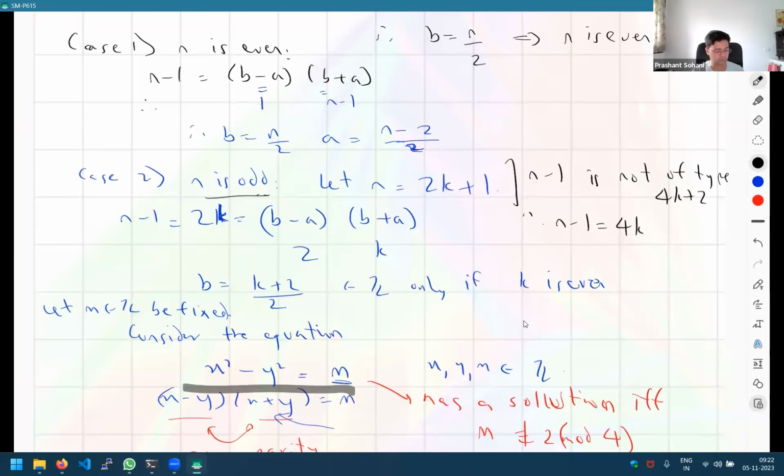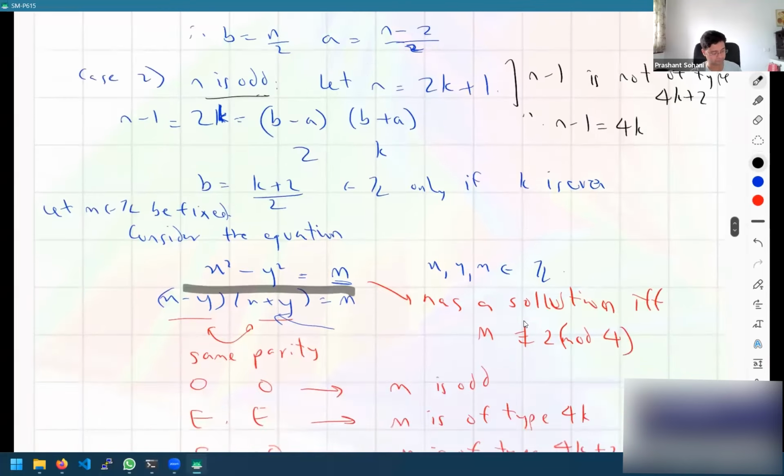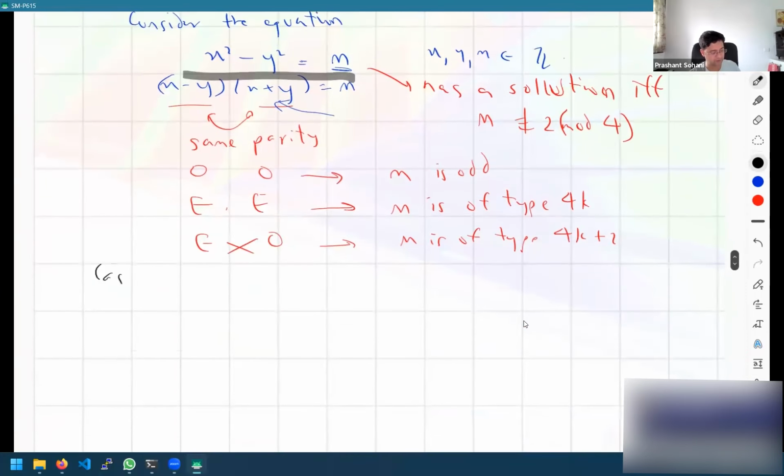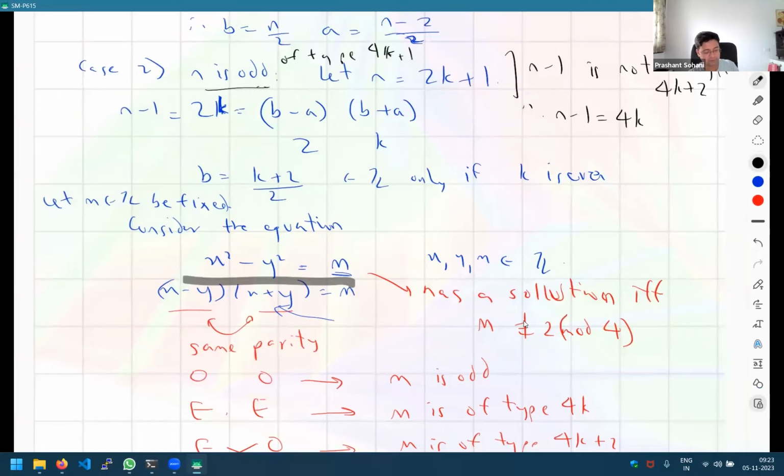So therefore, we have to make 3 cases. Case 1, n is even. Case 2, n is odd of the type 4k plus 1. Because if n is of the type 4k plus 1, then n minus 1 will be of the type 4k. And so therefore, we will get a valid solution.